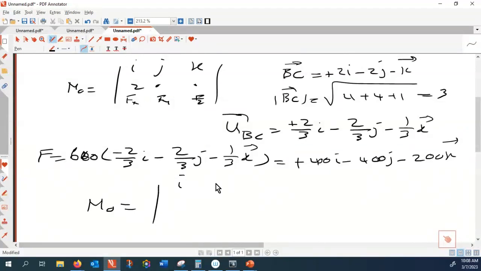Now your calculation would be like that. M_O is equal to ijk, 200, and 400, minus 400, minus 200.